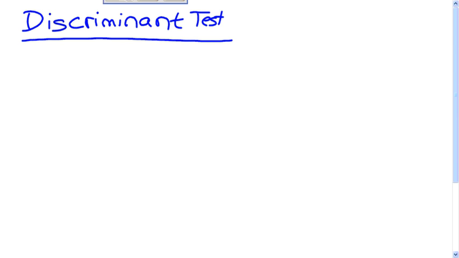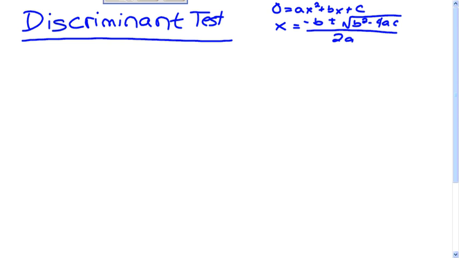Let's think about the quadratic formula for a minute. This is testing quadratic, so y equals ax squared plus bx plus c. And the quadratic formula is x equals, because we put 0 in for y, so I'll change that to 0 equals instead of y. So x equals the opposite of b, plus and minus the square root b squared minus 4ac all over 2a.